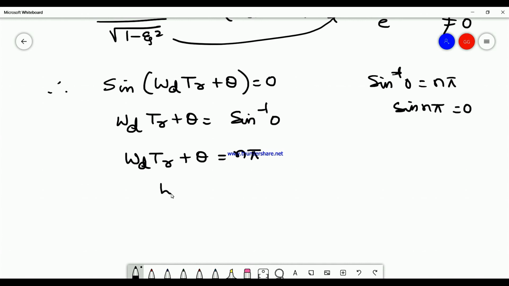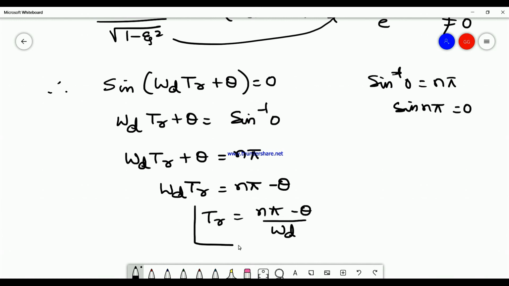Therefore, omega d TR equals n pi minus theta. Therefore, TR is equal to n pi minus theta divided by omega d. So this is the derivation for the rise time TR in terms of second order system.